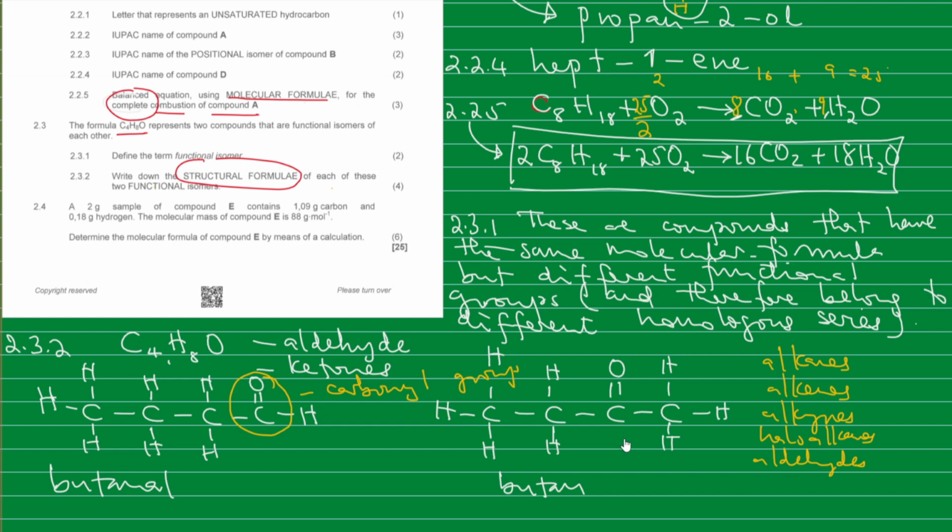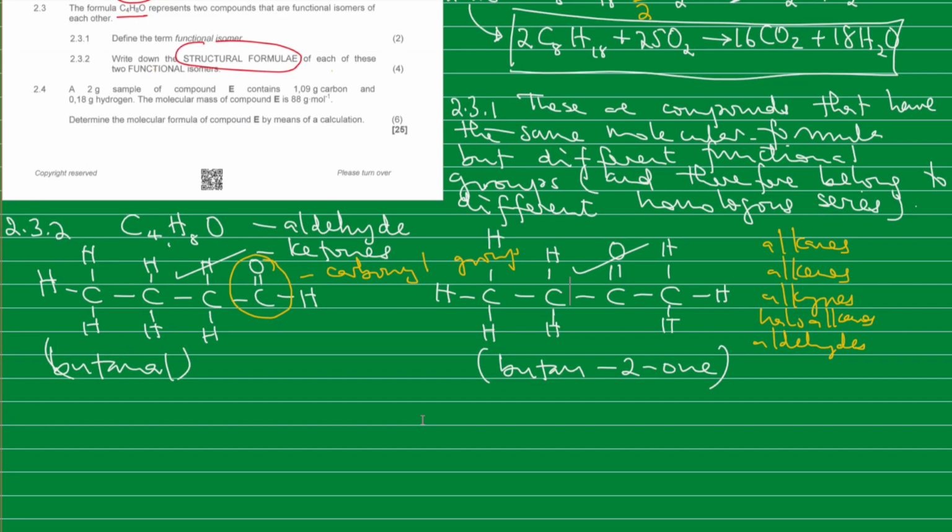But we also need to indicate where the carbonyl carbon is, so it's butan-2-one, which means the carbonyl carbon is the second C. So these are the names, but to answer the question, your marks come from this structure and that one. Those are the structural formulae for each of these.